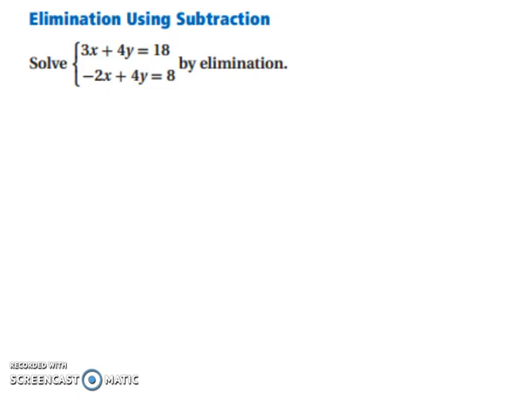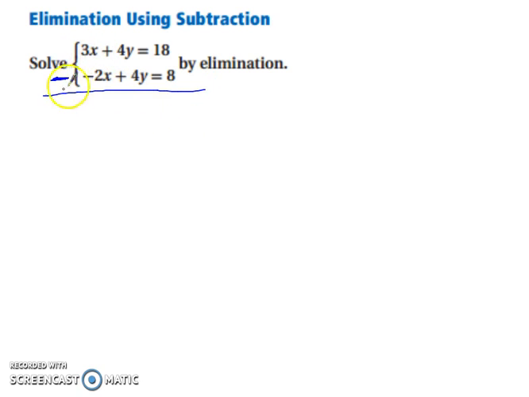Let's try doing elimination using subtraction. So if we look at this example, notice how you have a positive 4y and a positive 4y. If you were to add these two equations together, you would now have 8y. You want to eliminate, not make bigger. So we're going to subtract.